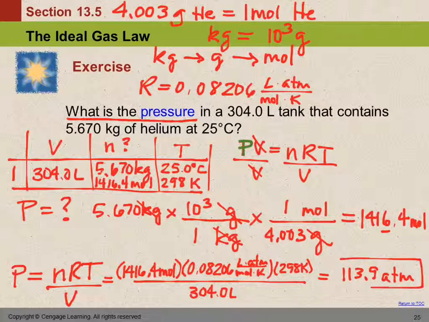Anybody else come up with that number, 113? Okay. Always a good idea to do these calculations twice. Any questions? This problem is a little more difficult because you can't just take the numbers as given and put them into the equation. You have to do some converting of units first.